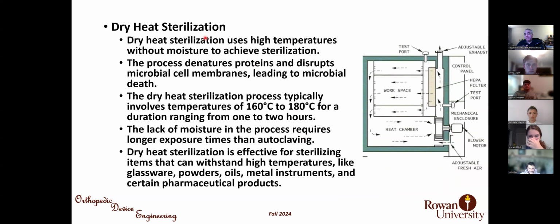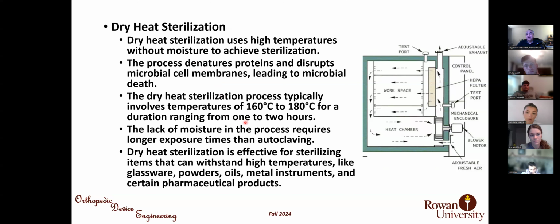Sometimes, especially when we want to use a smaller device, we use dry heat sterilization, which uses only heat instead of heat and steam and pressure. It only uses heat, which is higher than the autoclaving, and it is usually faster, but it has one problem. The problem is high heat, and you cannot do sterilization on everything with high heat.